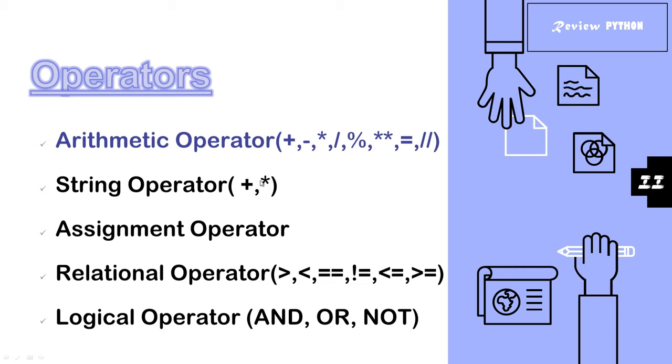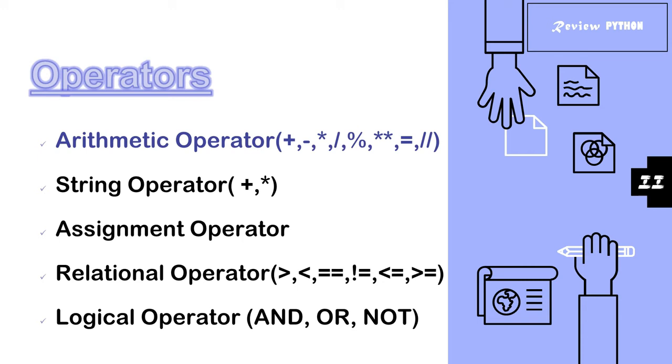Next is this multiply sign that we have in arithmetic. This particular sign here is known as duplicate. Now what it does is, whatever we write, for example, I write A star 6, whatever value is stored in A, it will type it that many times.